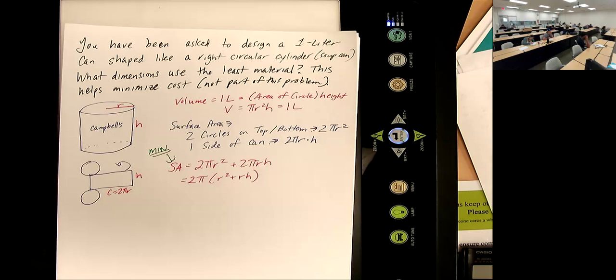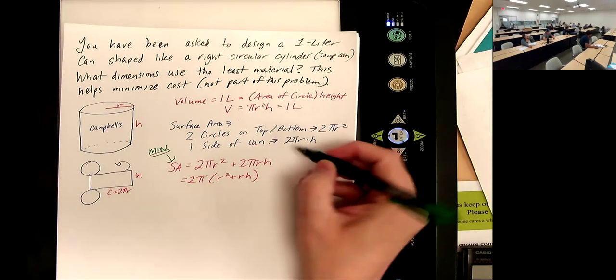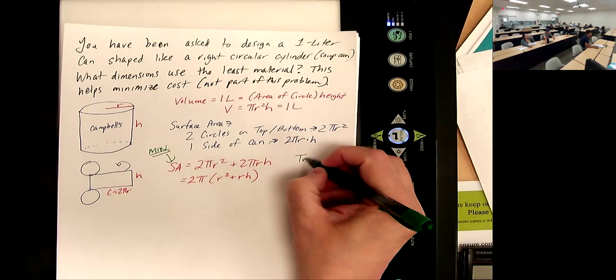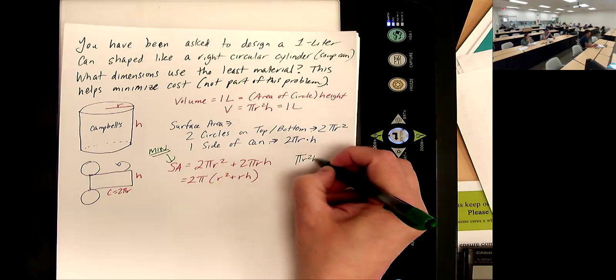Should we replace the H or should we try to replace the R? Let's take a look at both, let's see what our options are, because our options are going to decide what's the easiest thing to take the derivative of, right? So we're taking the V equals pi R squared H equals 1.